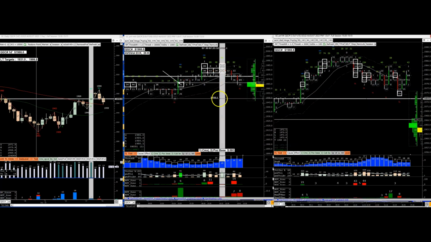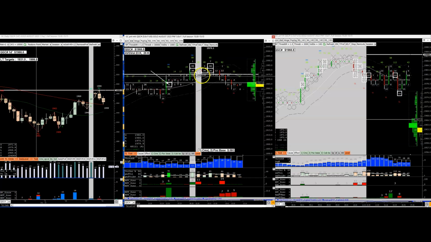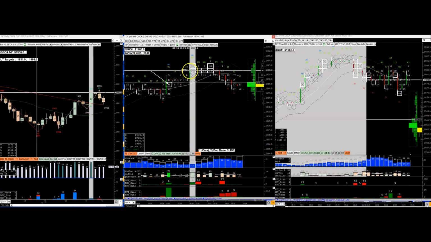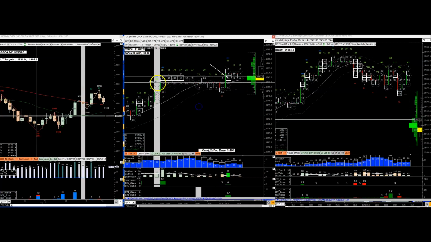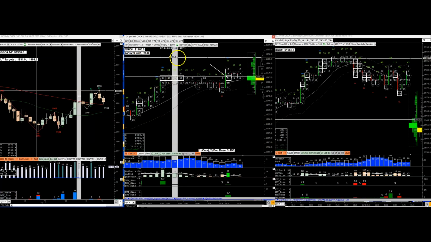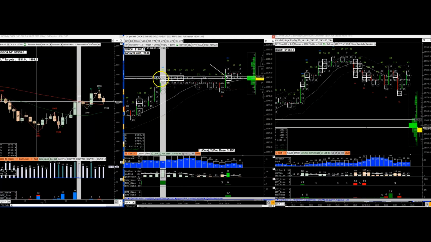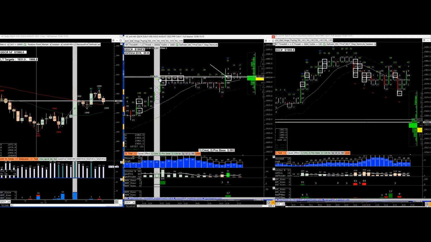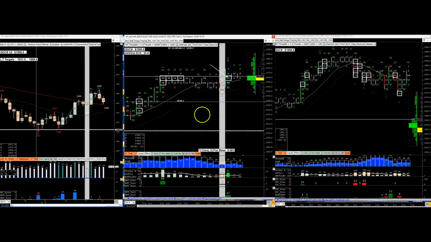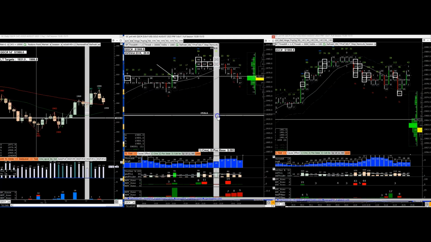Now you're over here, and this is a problem because when you have these white boxes at the top, there's no follow through. That means it is not absorption. It is not breakout volume. It's selling, and that selling will initiate a pullback, like it did here, like it did again here.